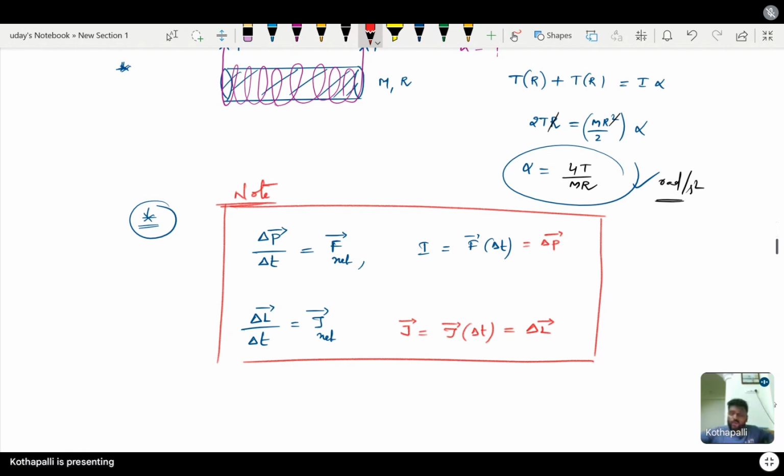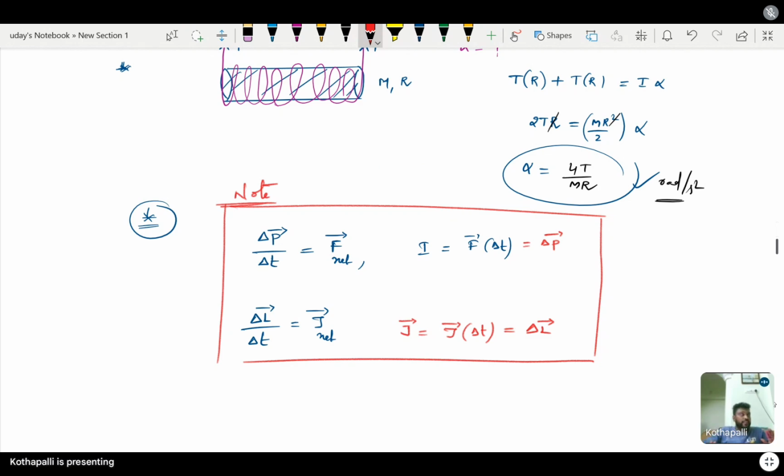So the overall conclusion of the concept is that whenever any force is able to rotate a body about any fixed point, then that force can produce torque. The rotational effect of the force is known as torque, and mathematically torque is the cross product of r vector and F vector.